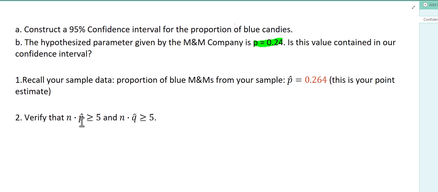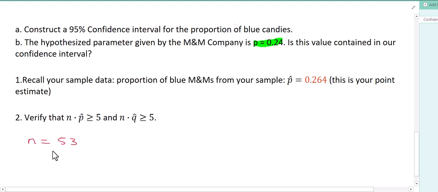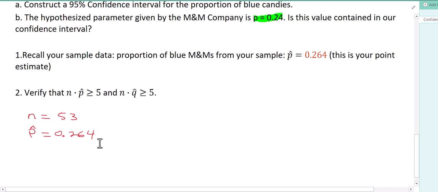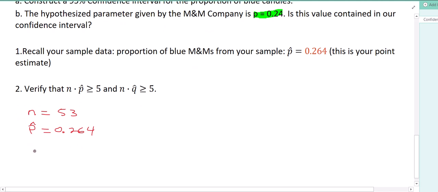So p hat is our proportion, which is the 0.264, and q hat is 1 minus p hat, right? So what do we know? We know that from my bag, n was 53 candies. I know that p hat is 0.264. And so q hat, and I put a hat on it because we're talking about a sample, is 1 minus 0.264.